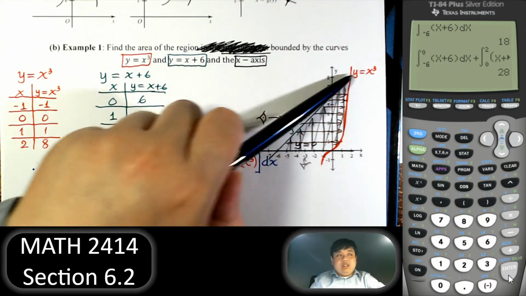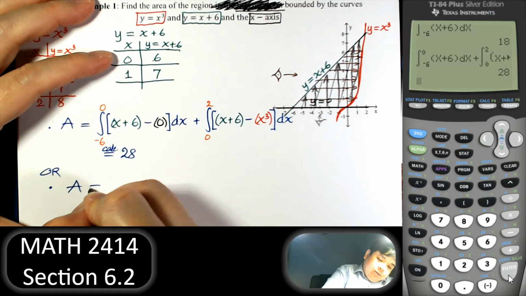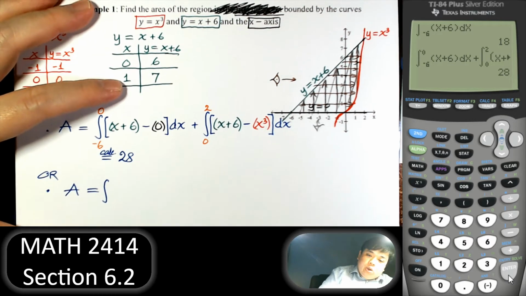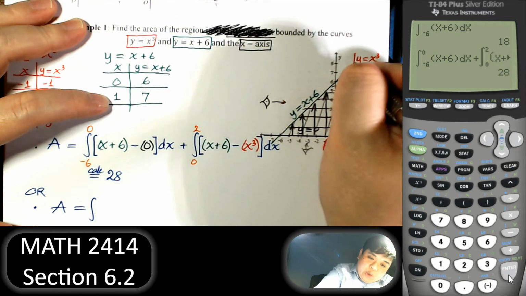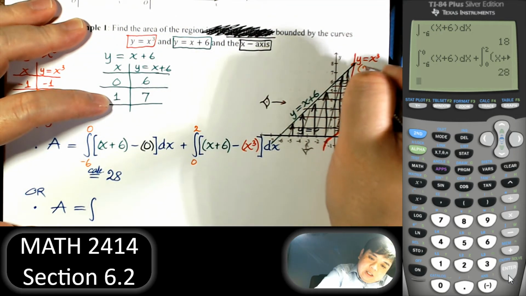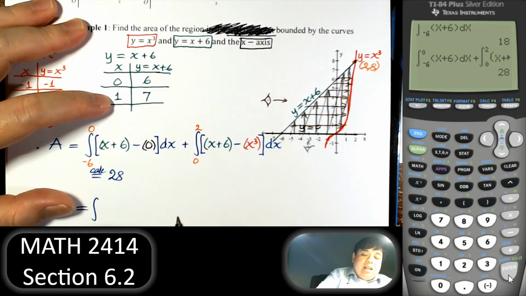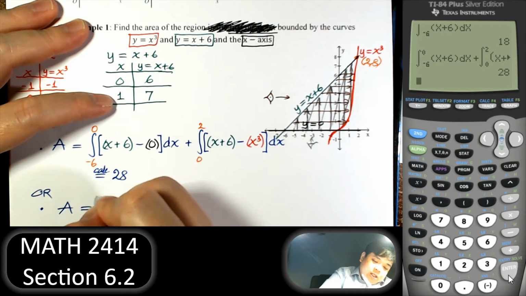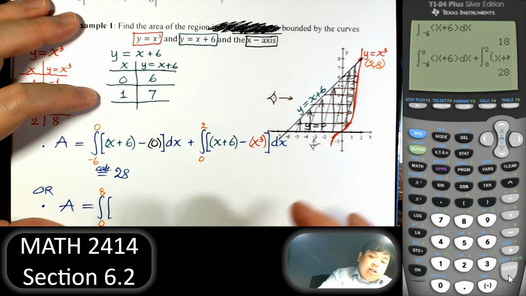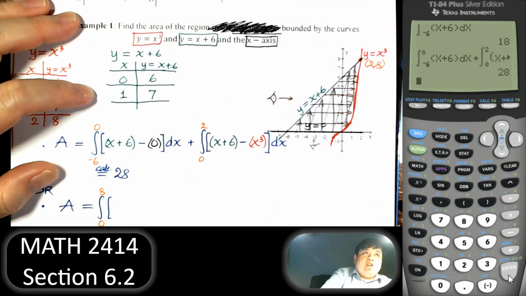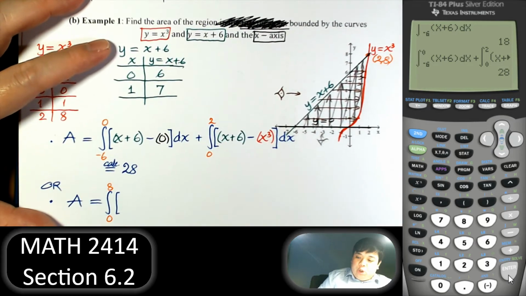So if we set up using dy, we only need one integral, and the y values where it goes to. Notice that the point here is 2 and 8. So the maximum y value for the region is 8. So we go from 0 to 8. And we have the function on the right minus the function on the left. The function on the right is x cubed.